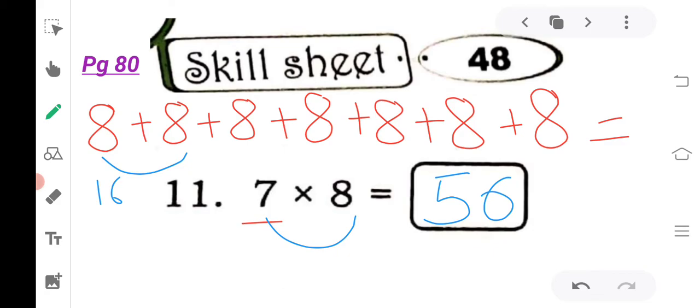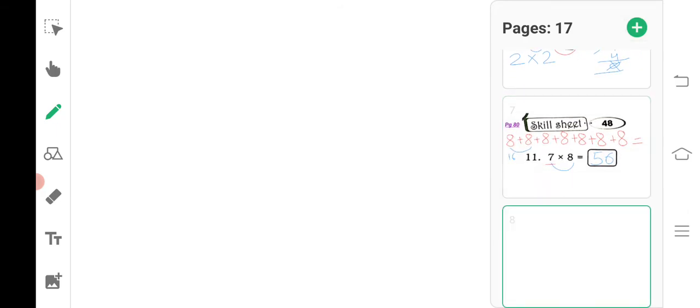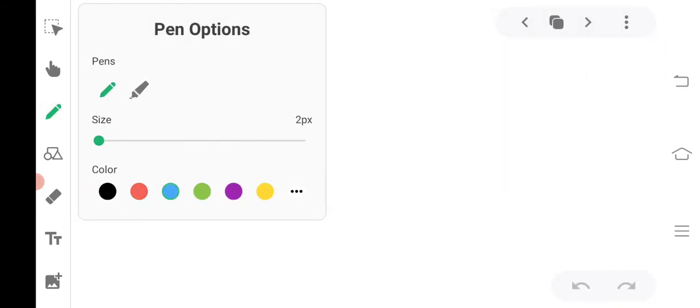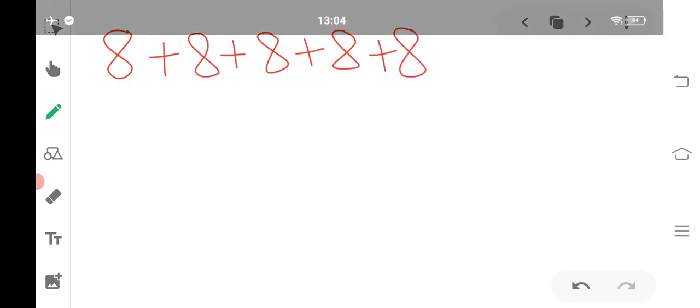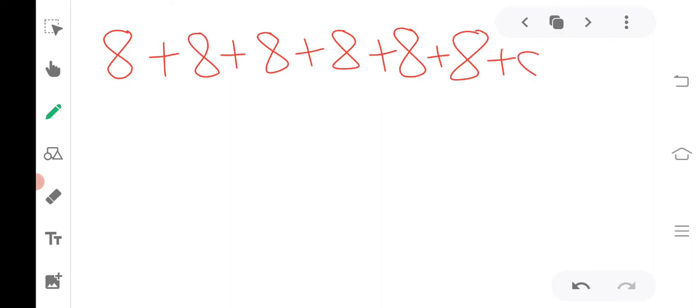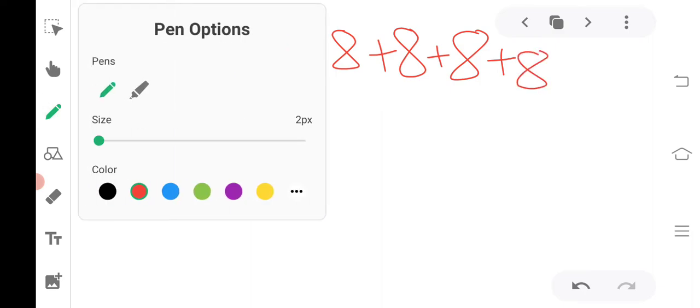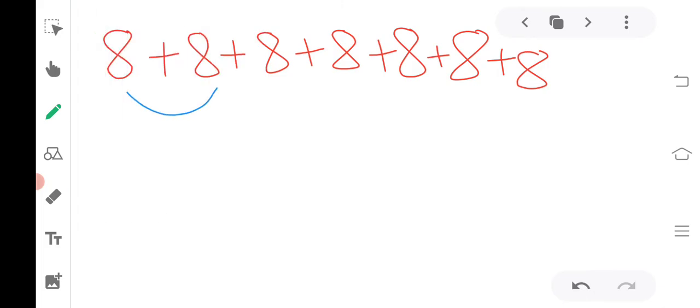If you want to solve, you can solve like this. I'll show you. 7 times 8, first write 8 plus 8 plus 8 plus 8 plus 8. See how many? 7 times 8. Okay, so first we will solve the first two numbers. 8 plus 8 is 16.